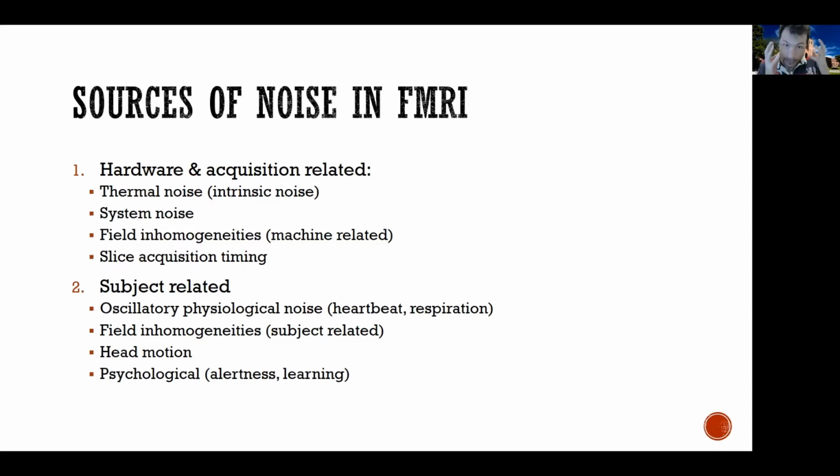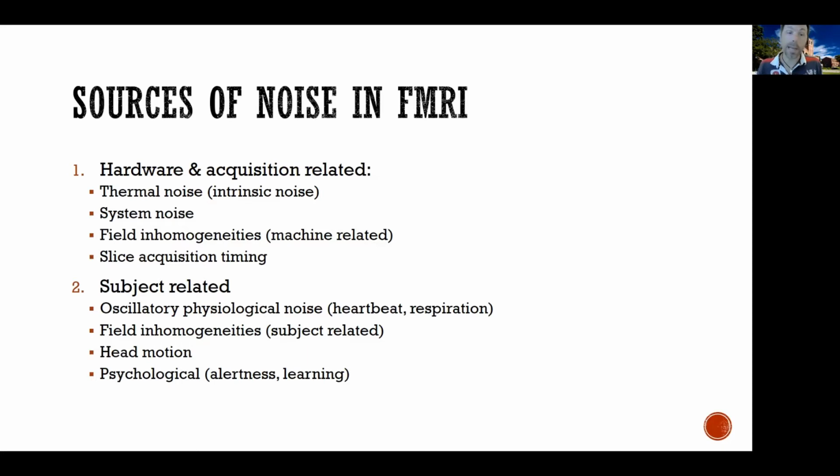Different parts of the head, different tissues, will magnetize to a different extent and will create areas of inhomogeneity. For example, you know well that at the boundary between the sinus and the brain, there's a large area of inhomogeneity. So just by virtue of putting a participant inside the magnetic field of an MRI, you're injecting noise in the measurements.